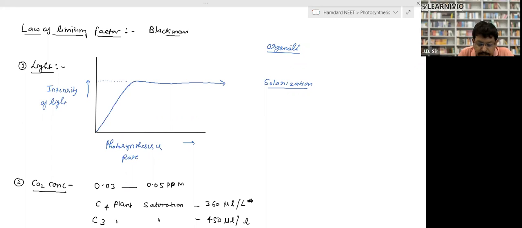Rate of photosynthesis increases while increasing light intensity up to a certain limit.